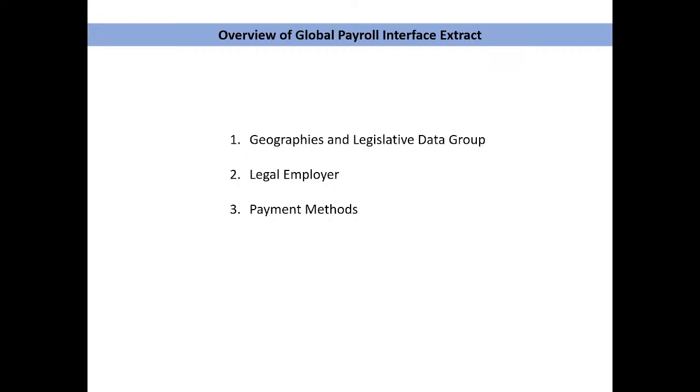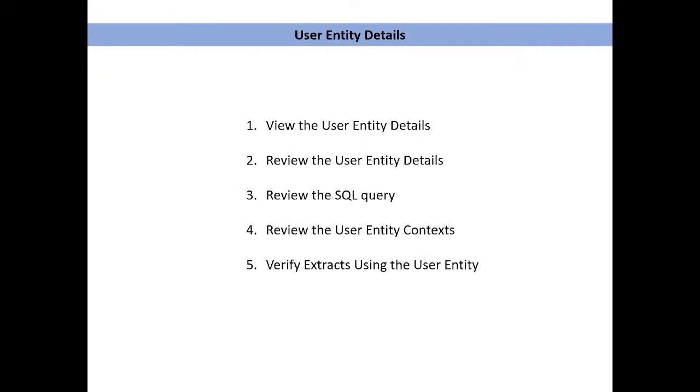Okay, then moving ahead, we have the user entity. Basically, when you create an extract definition, you need user entity details to create a data group. You can search and view the user entity detail by navigating to the search page of the view user entity task.